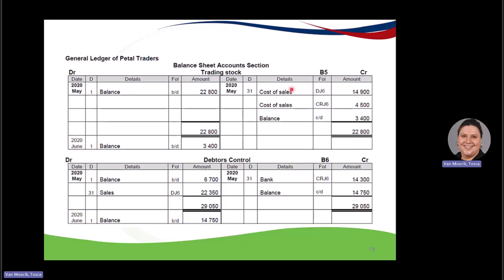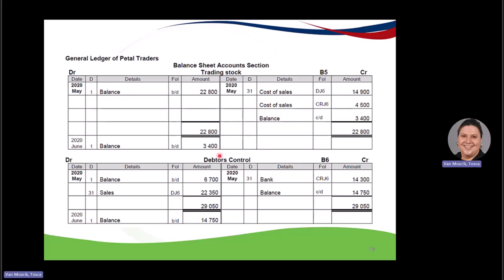We know this was the credit sales to our trade debtors, that's the 14,900. And there's my cash sales in my cash receipts journal of 4.5. Then we balance it off, and the balance that will be brought down is 3.4 thousand.